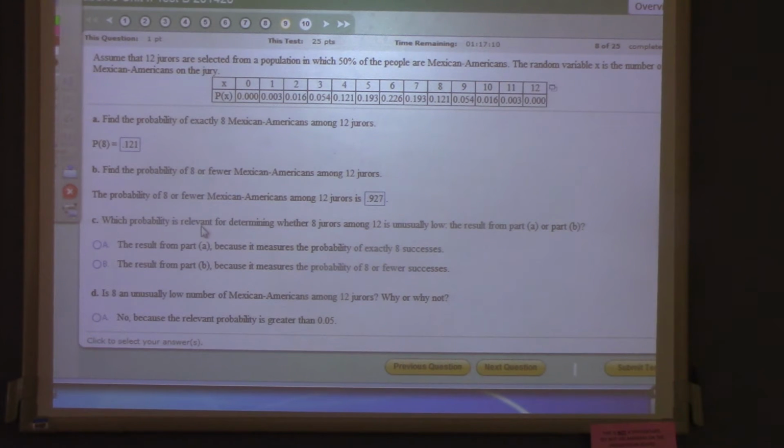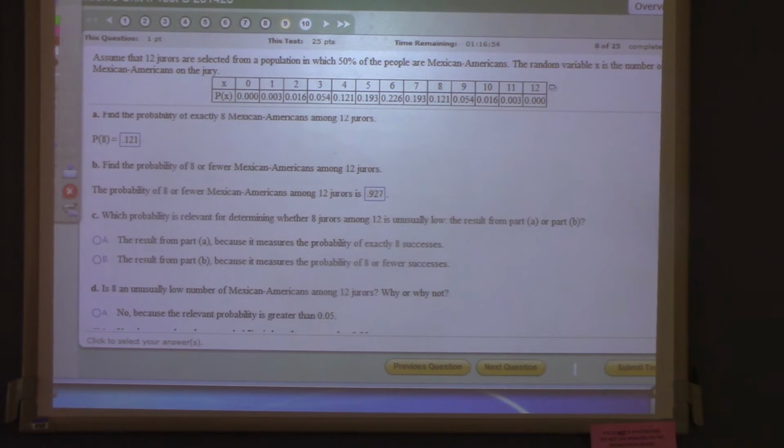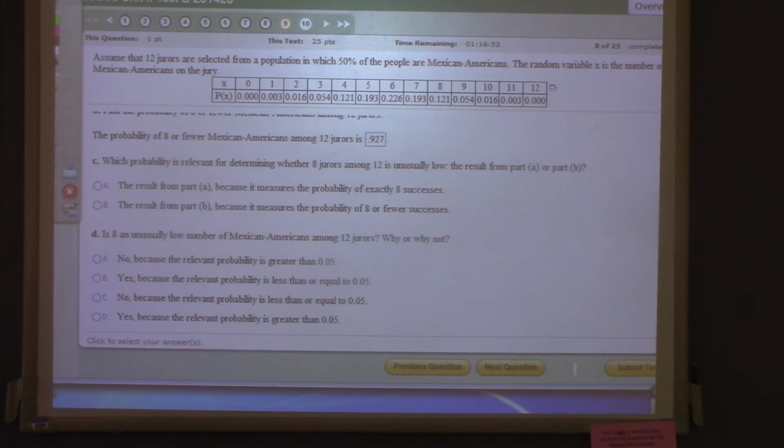Which probability is relevant for determining whether 8 jurors among 12 is unusually low? The result from part A or part B? This one of them 15-part questions. Okay, 4 parts. Which probability is relevant? Now you got exactly 8 or 8 or less.